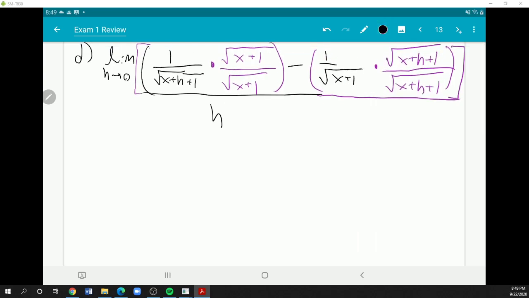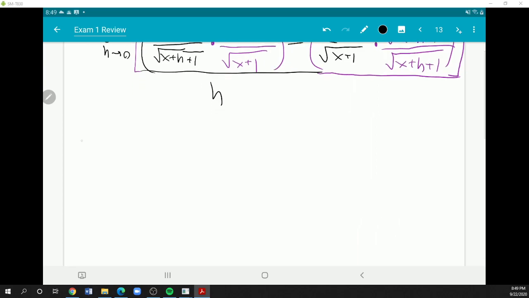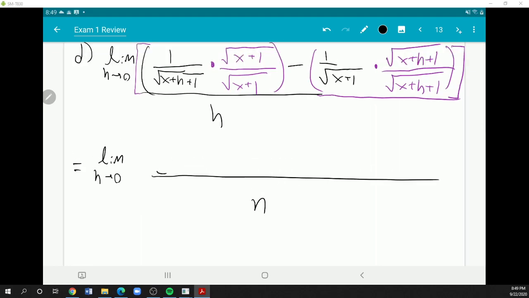And now what do I get? Equals limit, h goes to 0, whole bunch of stuff over h. And what exactly do we have?